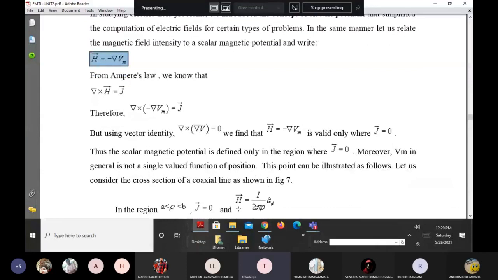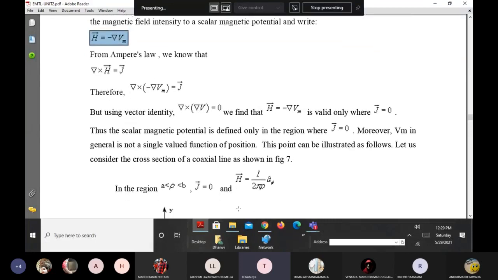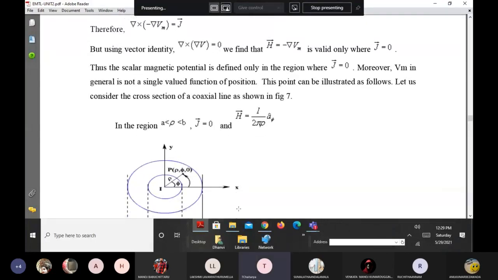Moreover, Vm is in general not a single-valued function of position. This point can be illustrated as follows. Let me represent one more example here.